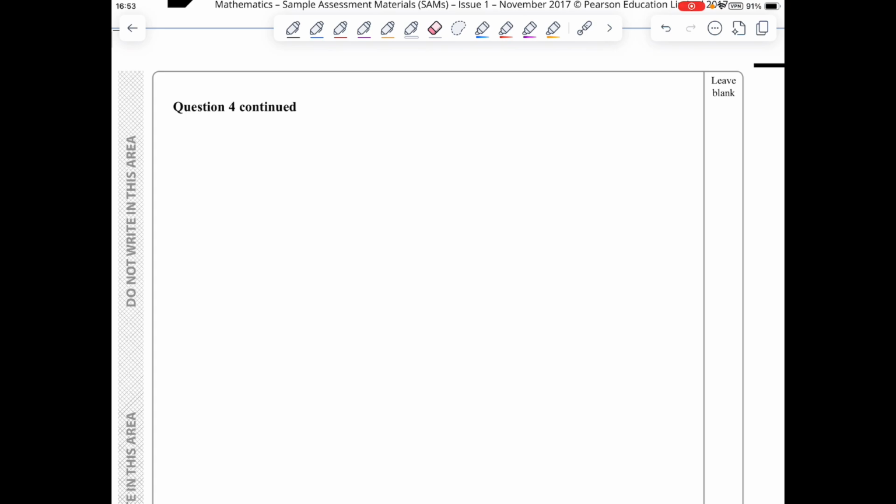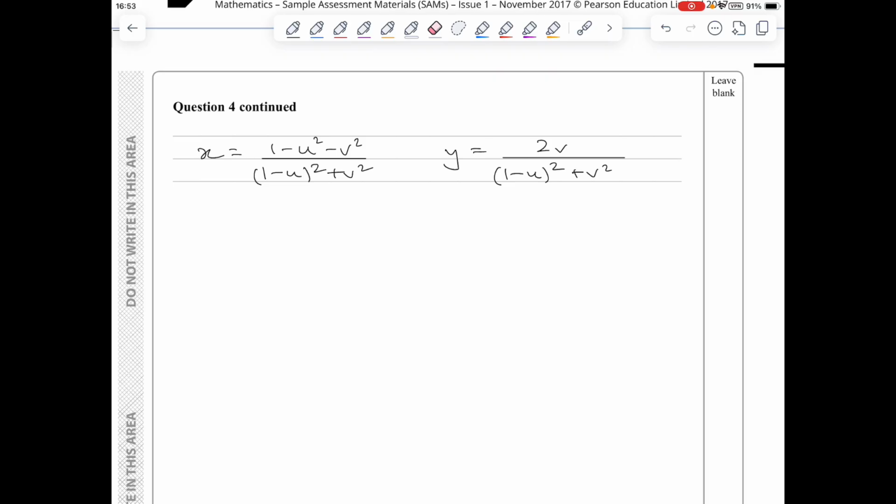Now I will equate the real and imaginary parts of each side. So I get x, which is the real part from the left hand side, is equal to 1 minus u squared minus v squared over (1 minus u) squared plus v squared. And for the imaginary part, I've got y is equal to 2v over the same denominator.